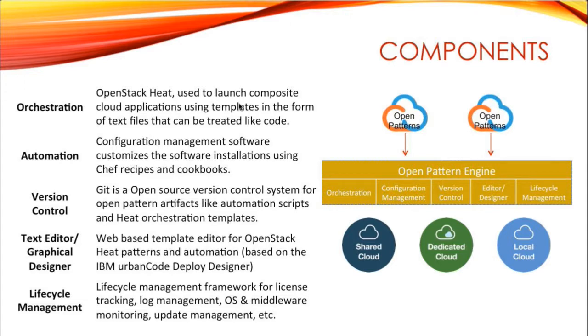The text editor, which can also be a graphical designer. Now, like I said, this one's a bit on the optional side, but if you've got one, it's a big help to have the text editor there. And it can help you to pull together your patterns and then allow you to deploy them in a very effective way. And then the lifecycle management, and that's that Xeron piece that we're working on.